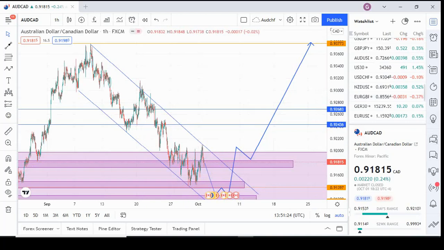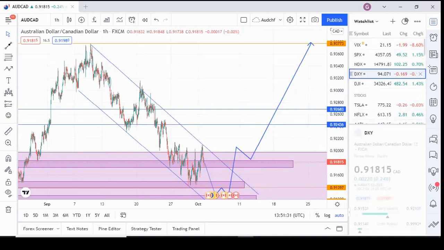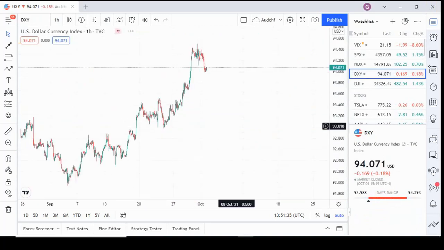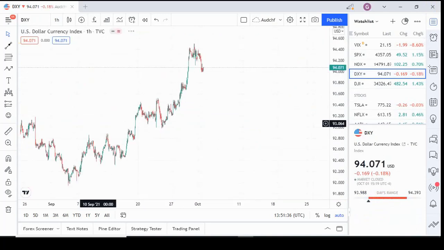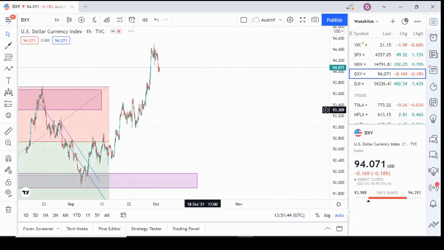Now, there's something that I want to share with you, a little secret that most traders use. It's not actually a secret. It's more about knowing your pairs, the currencies.